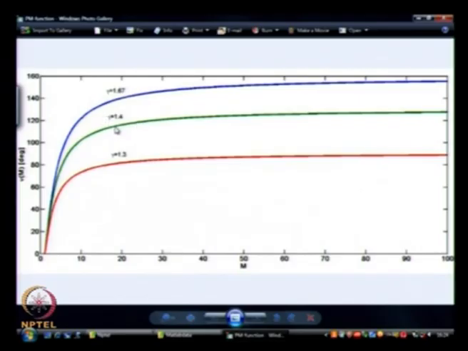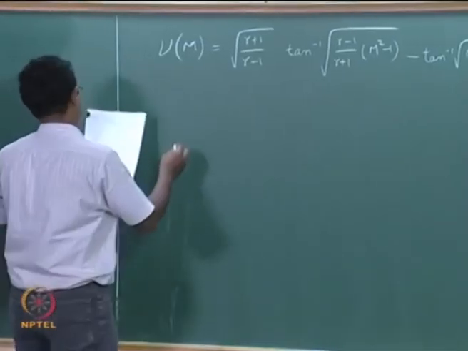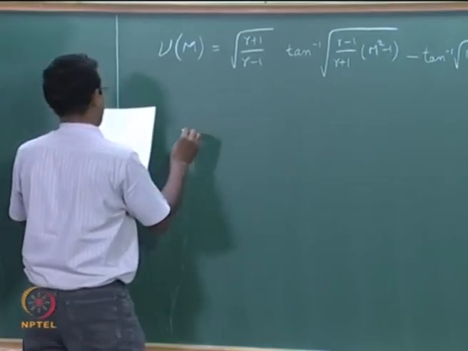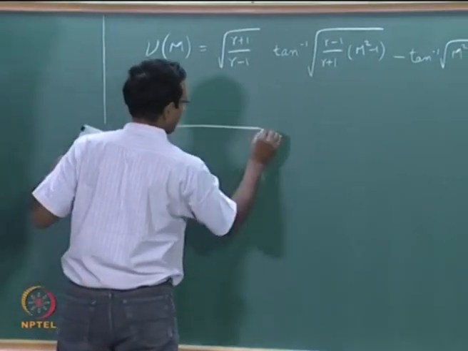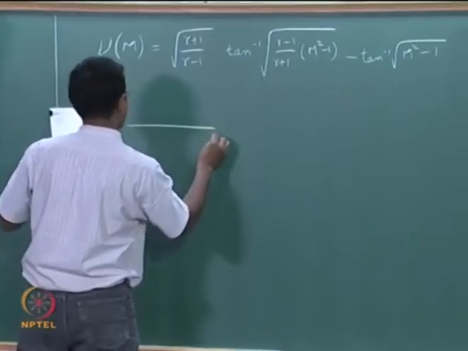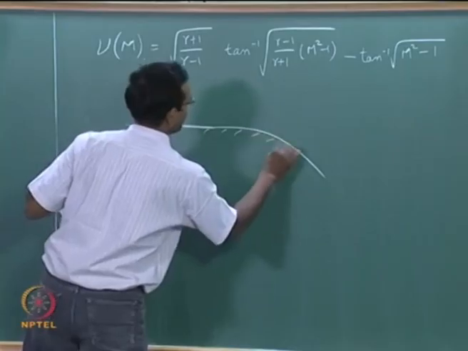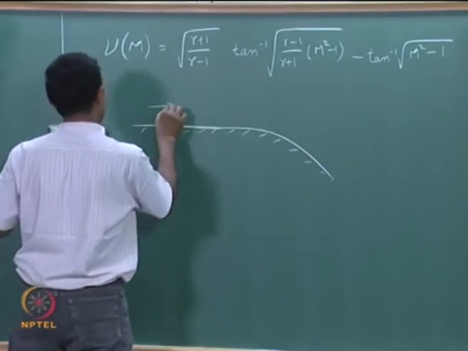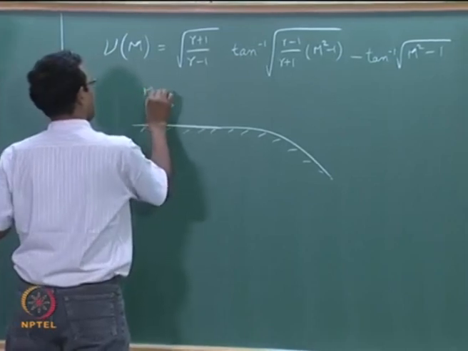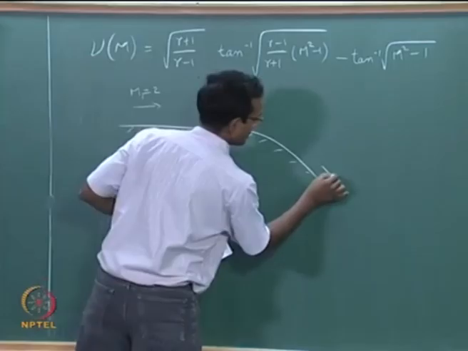Let us go to the board again. We did this a little bit last time, but I will give some numerical examples. Let us say I have a smooth expansion corner, and I have Mach number equal to 2, M1 equal to 2, and I am going to call the final situation M2.